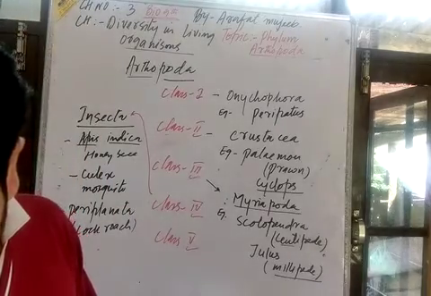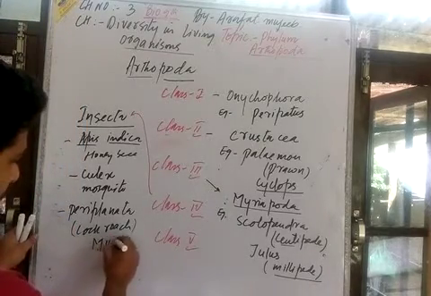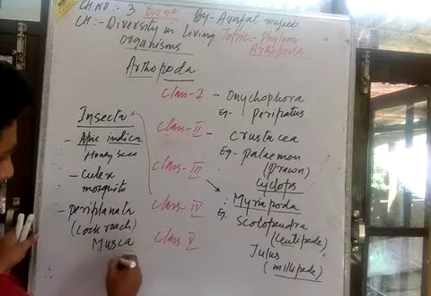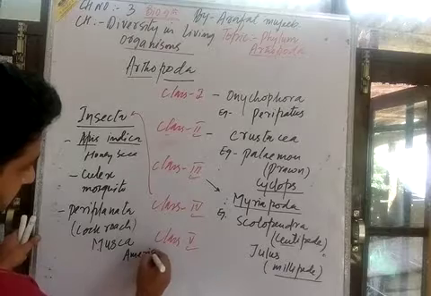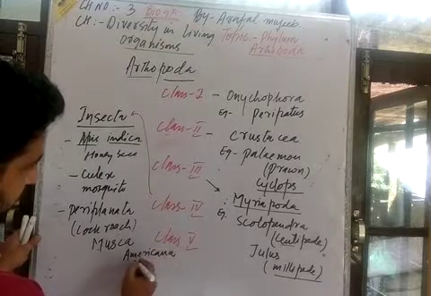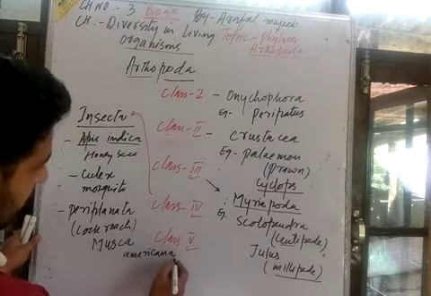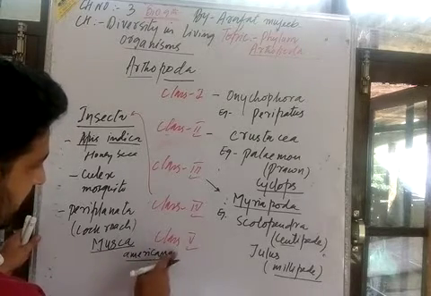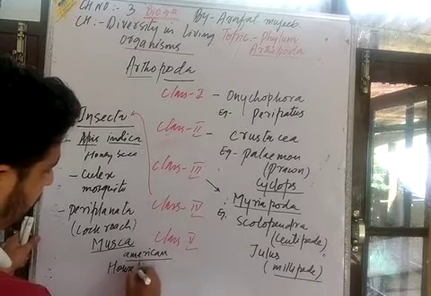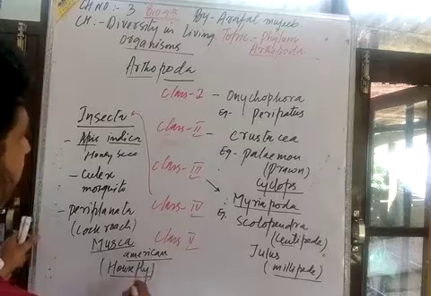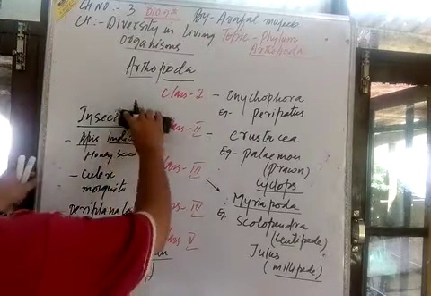Then there is another, Musca domestica, which is commonly known as the housefly. Here is another example of Insecta.